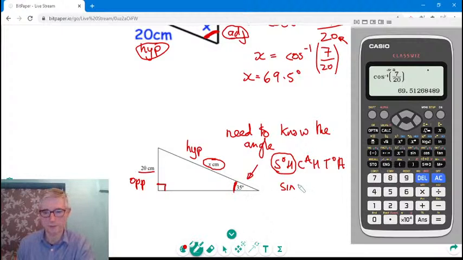So it's 35. We're not going to write x there anymore. We're going to write sine 35, and that's going to be equal to the opposite, which we can see is 20, over the one we're looking for, the hypotenuse, which is x.